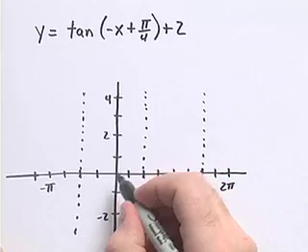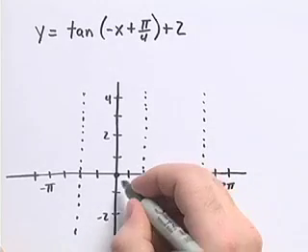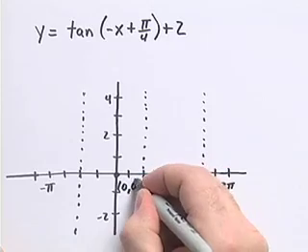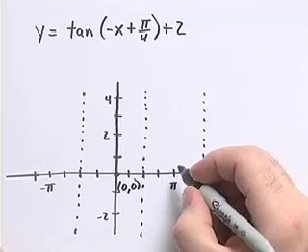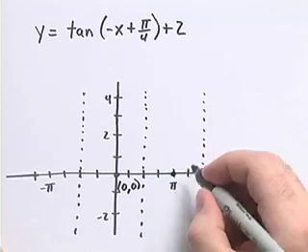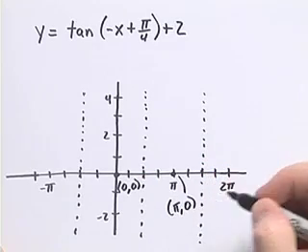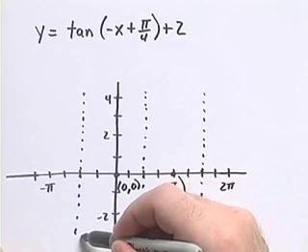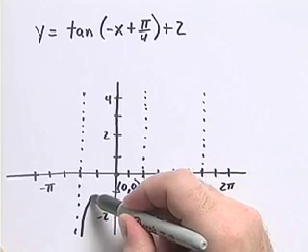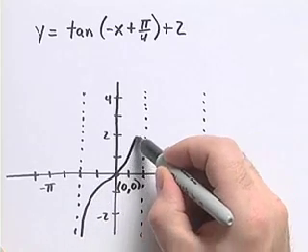The tangent of x goes through the origin, so we have the point 0, 0. It's also going to go through the point pi, 0. So we'll have the point pi, 0. And we can sketch the graph of the tangent.